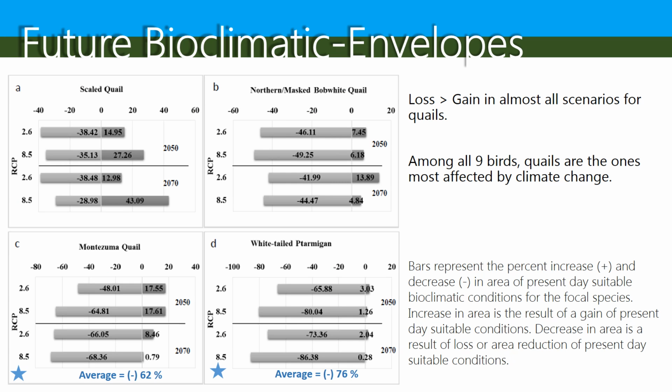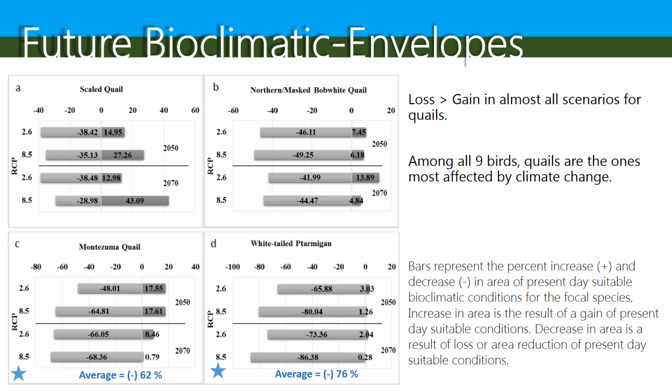Here are the numbers quantifying the gains and losses of the species' suitable climatic envelopes. So while there seems to be increases seen for the scaled quail and the northern bobwhite quail, there is a different story that is happening for the Montezuma quail and the white-tailed ptarmigan.